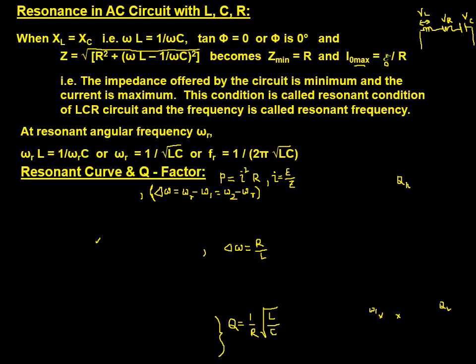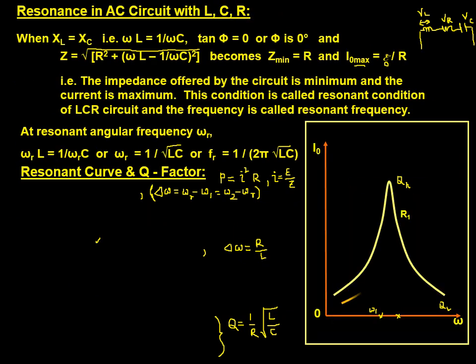Now I talk about resonance condition. In the resonance condition, the shape of the current versus omega graph is as shown, and at omega equal to omega naught or omega r, we get the peak of the I naught.